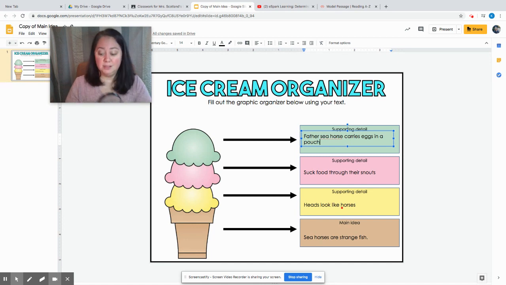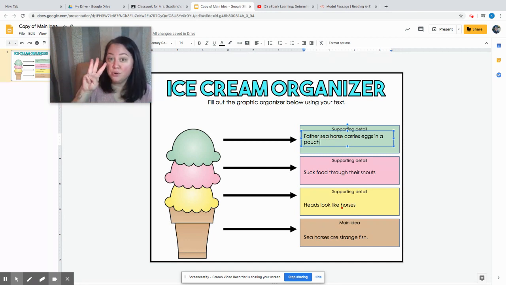The first one is that their heads look like horse heads, which is strange and interesting because that's how they got their name. The second supporting detail, they suck food through their snout. Most fish take the food in through their mouth. They suck it in through their snout like a vacuum cleaner. That makes them strange fish.